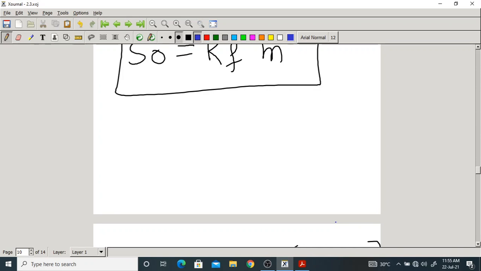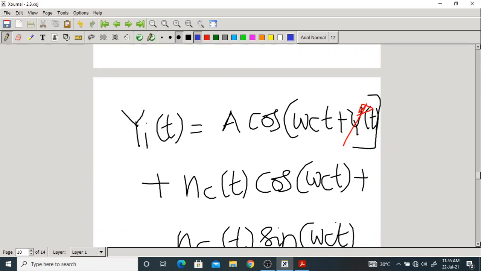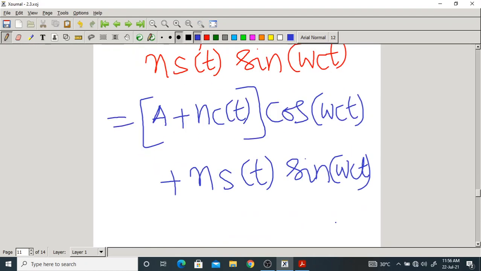As I told you, for large SNR, signal component and noise component are independent of each other. While finding one component, we assume the other component is 0. While finding the signal component, noise is 0. While finding the noise component, message is 0. So this is for finding the noise component or noise power. This is the input to the discriminator or demodulator.